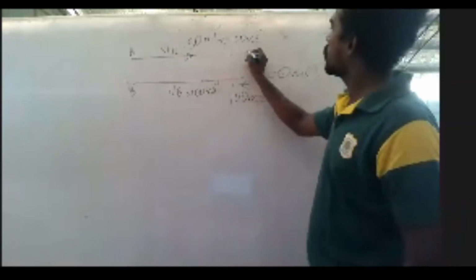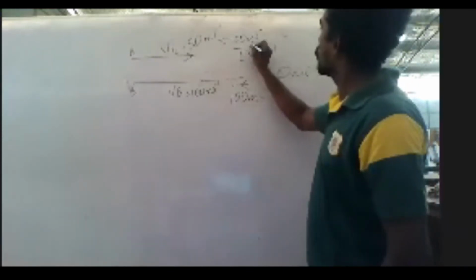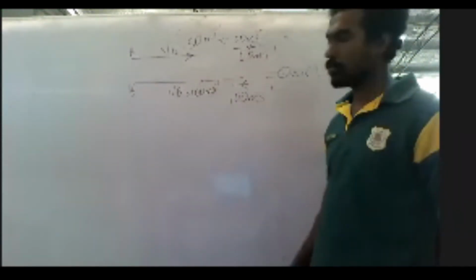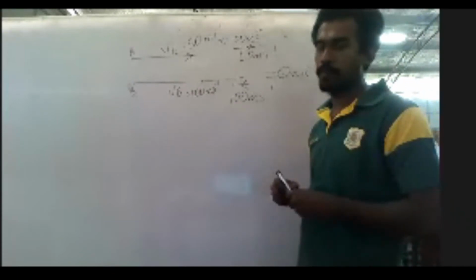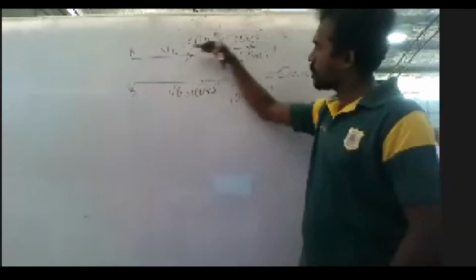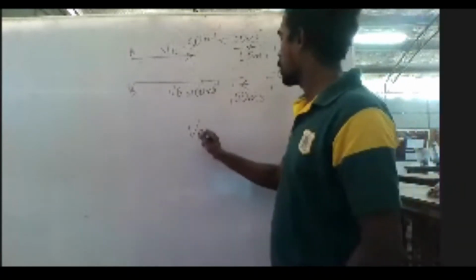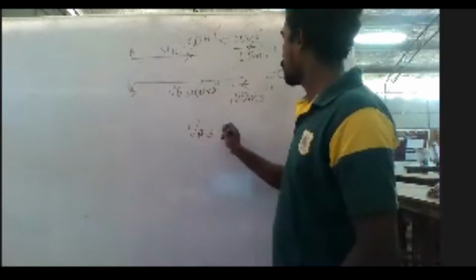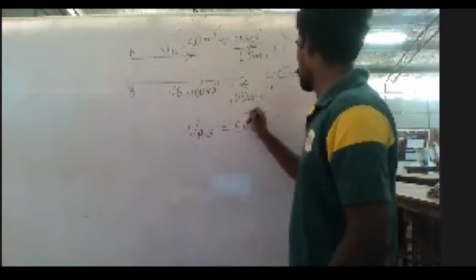So the resultant is 50 meter per second this way. The velocity of A relative to B is 50 meter per second this way.